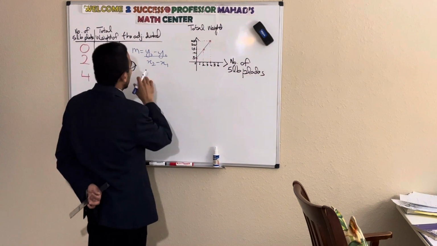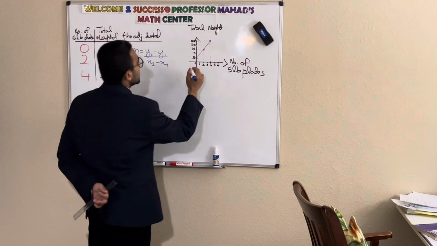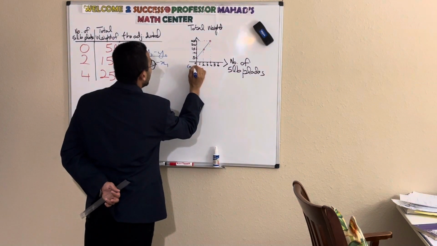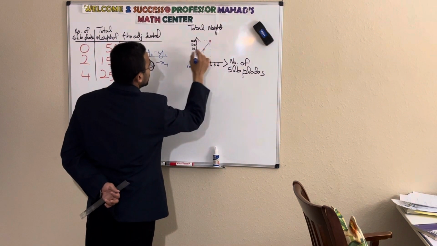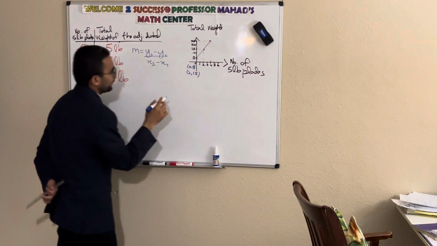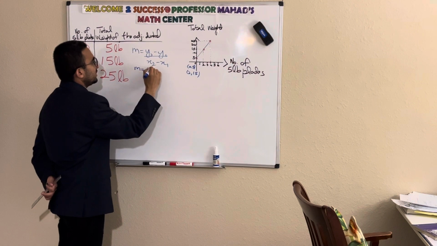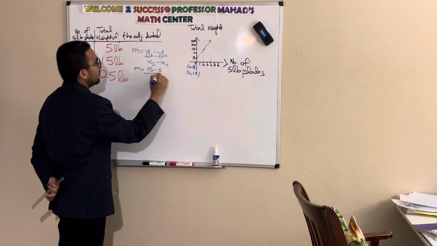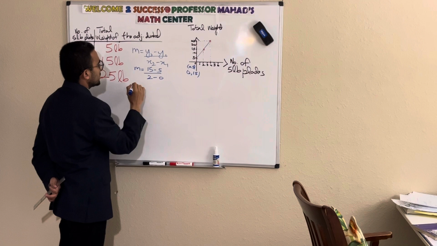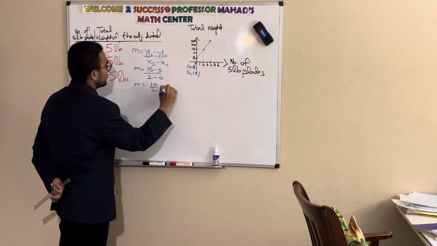To calculate the gradient, you can select any 2 points. In this case, I'm selecting (0, 5) and (2, 15). So the gradient is 15 minus 5 over 2 minus 0, which is 10 over 2, which eventually is 5.